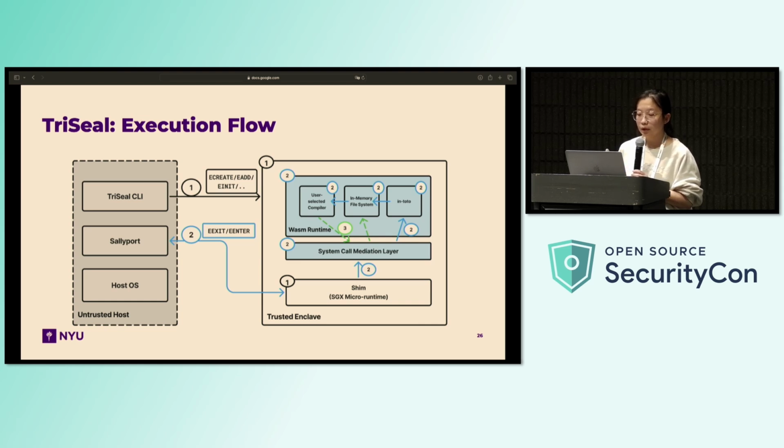After we finish loading everything and setting up all of those things for the tri-cell, the syscall mediation layer will block any calls other than the file system calls. And all the file system calls will be redirected to the in-memory file system in phase 3.